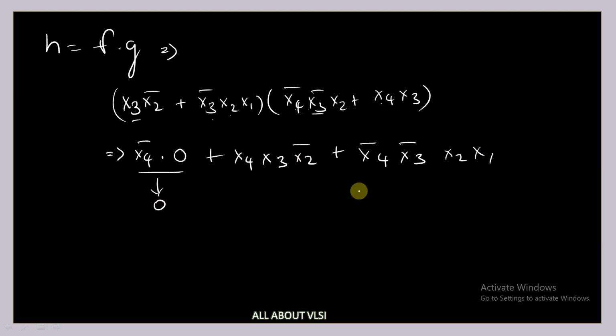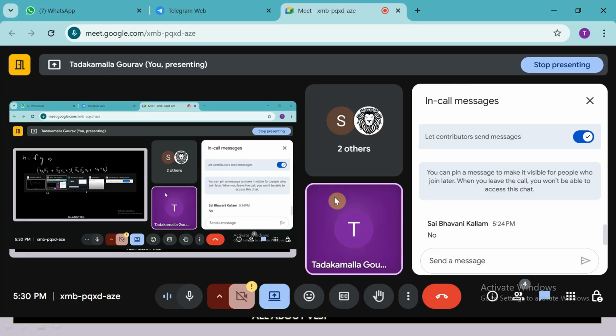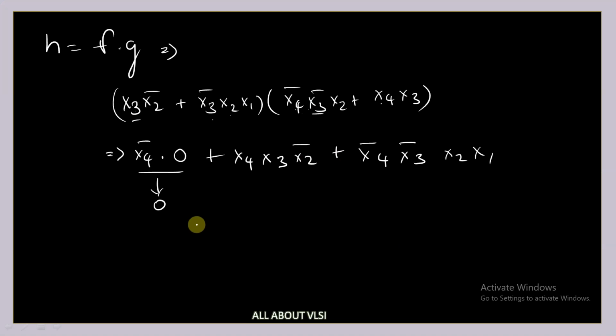We have only two terms. Anyone getting the answer? Okay, I will solve this. I'm getting x4 x3 x2 bar plus x4 bar x3 bar x2 x1. Now what I can do is, if I take x4, x3, or what I can do.